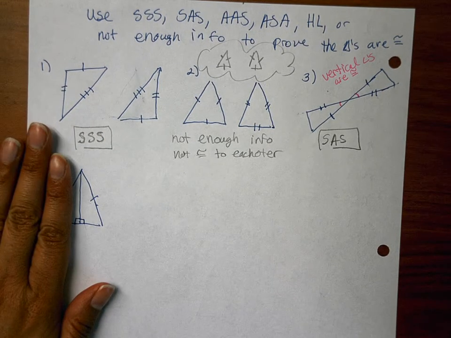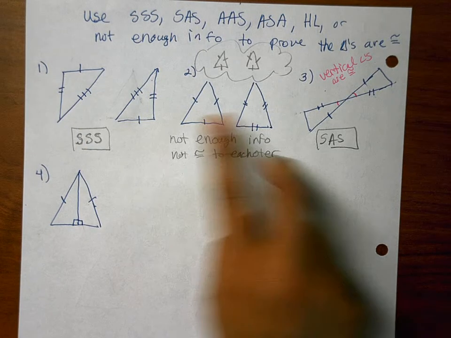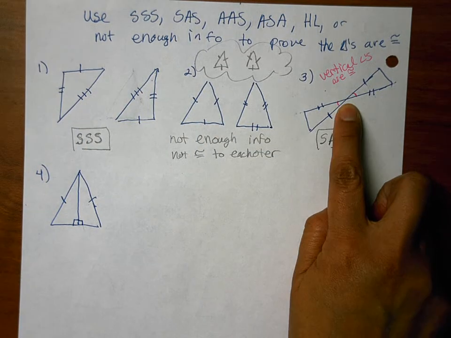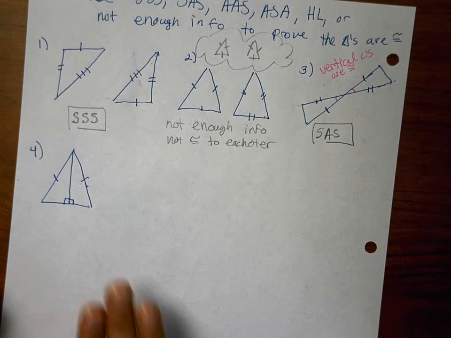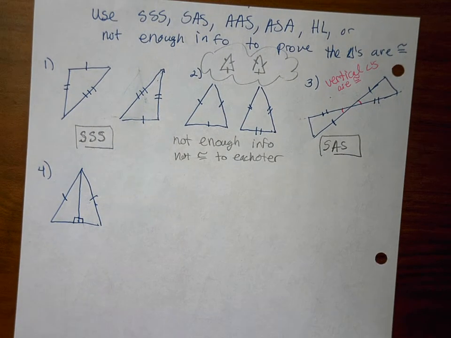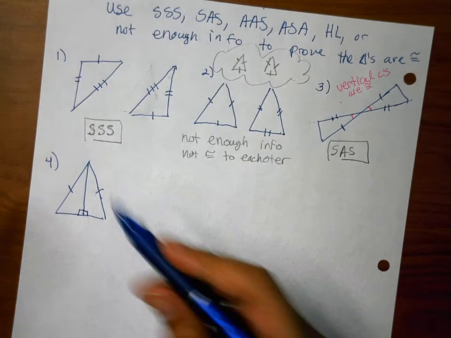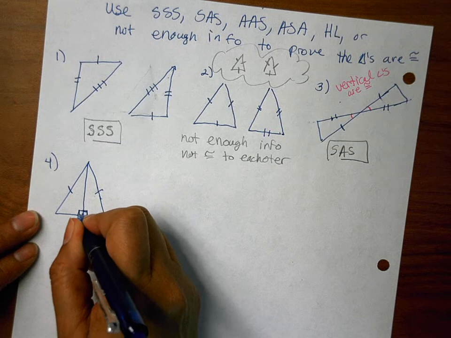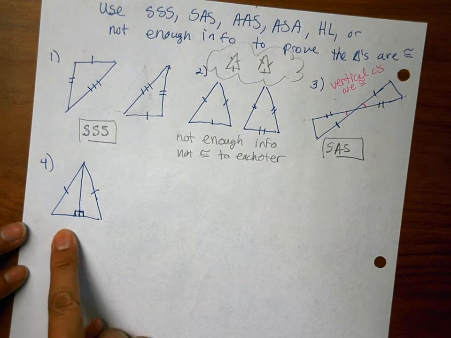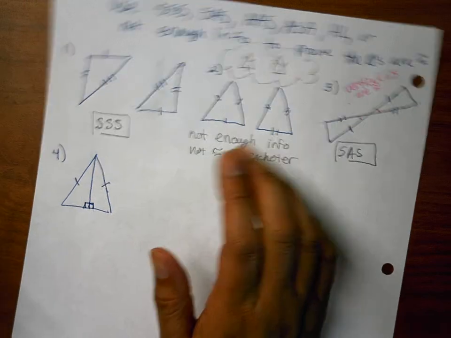Okay, so we are comparing 2 triangles. Here, these 2 triangles were separate. On number 3, they were connected at the angle, and number 4, they're connected by a side. So they're connected triangles. All right. What did they give me? Did they give me an angle marking? They did. It's not the usual angle markings, but a right angle, still angle markings. Did they give me a side marking? Do I have anything that's AS or SA?